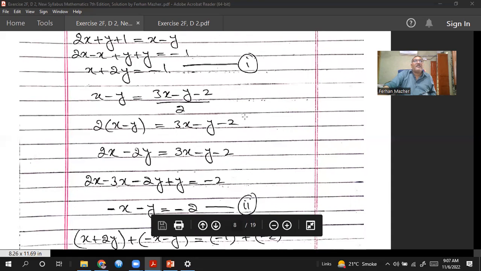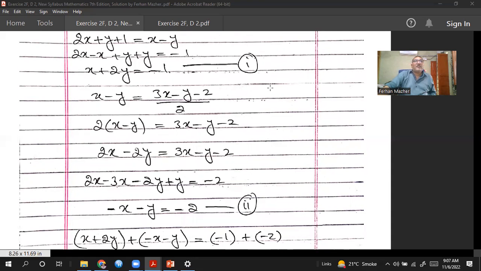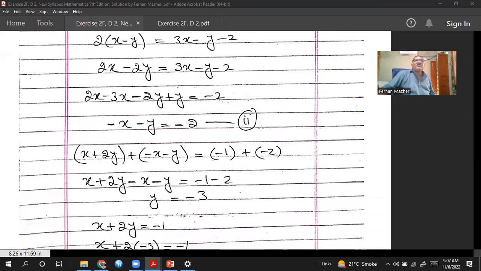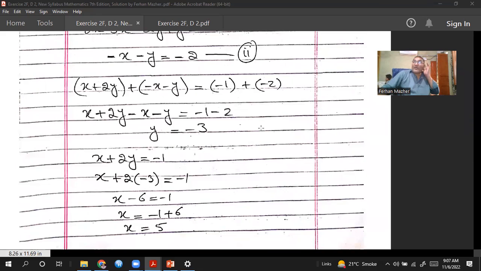This is my first equation. And if you look at them carefully, you will find that the coefficient of x is 1 and 1. In one equation it is plus 1, in the other equation it is minus 1. So simply by adding these two, I will be able to find the value of y. So I will add the first equation and the second equation. The left side will be added into the left side, the right side into the right side.